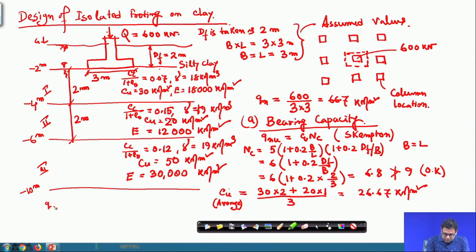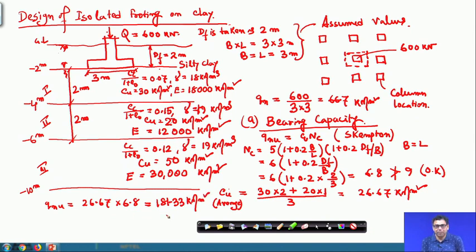Finally, Q net ultimate, with Cu as 26.67 and Nc as 6.8, will be equal to 181.33 kilonewton per meter square.